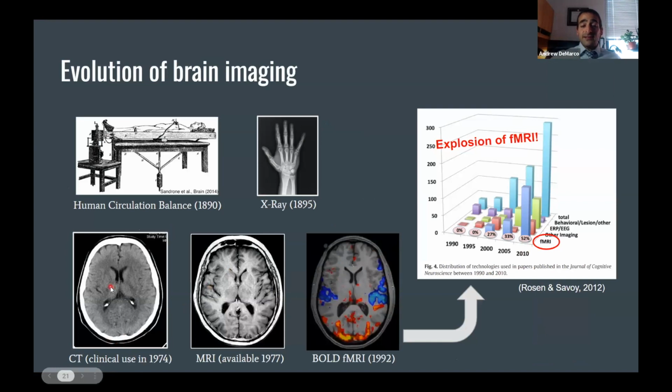So CT, 1974, that's Godfather 2. MRI in 1977, the original Star Wars. At this point, I can't keep track. And 1992, that's Disney's original Aladdin. And so in this time, the regular lesion method is starting to become overshadowed.